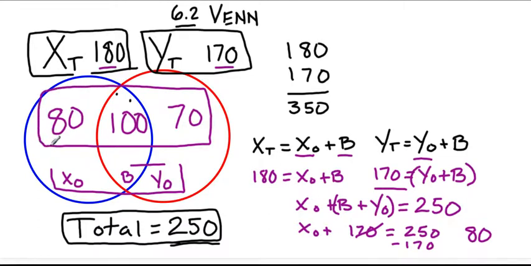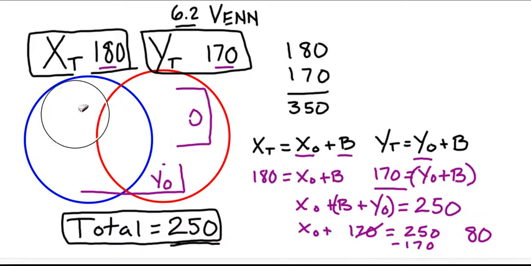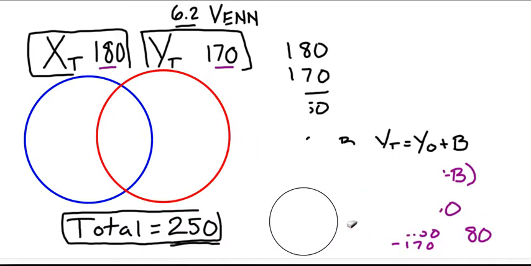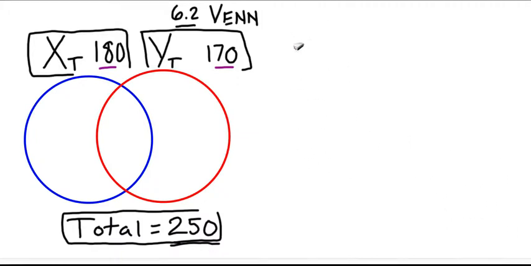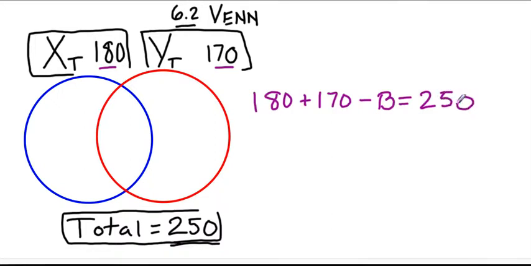So that's Venn diagrams number 1. If we do it really, really quickly, look how nice this turns out. Let me get rid of that and show you a much faster way given the information that they gave us. If they say there's 180 dog owners and 170 cat owners and 250 total people, I can say 180 plus 170 minus both equals 250. 350 minus both is equal to 250.